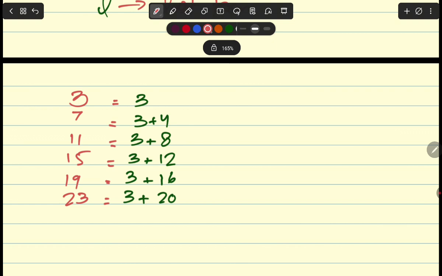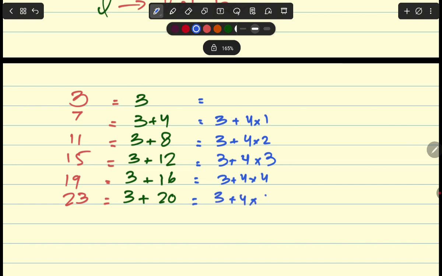Now, I can also rewrite the second term in all of these as a multiple of 4. So this is 3 plus 4 times 1, 3 plus 4 times 2, 3 plus 4 times 3, 3 plus 4 times 4, and 3 plus 4 times 5. So the first one is just 3, which I can also rewrite as 3 plus 4 times 0.